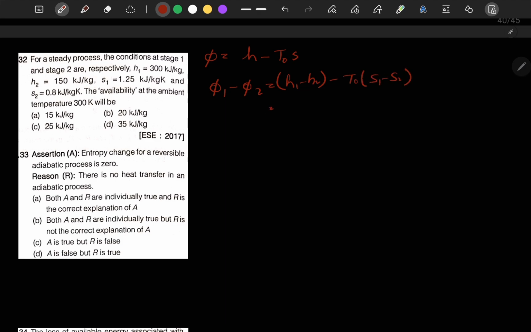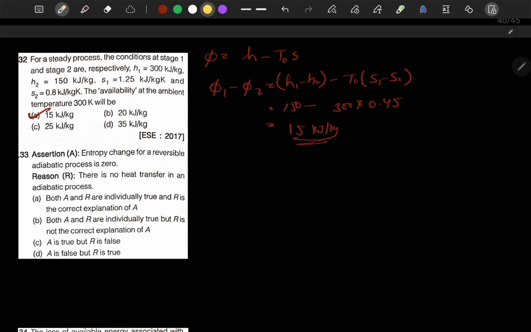So we will substitute all the values here. 300 minus 150 is equal to 150, minus T naught, which is 300, into S1 minus S2, 1.25 minus 0.8 will be 0.45. So we get the value equal to 15 kilojoule per kg. So option A is the correct option.